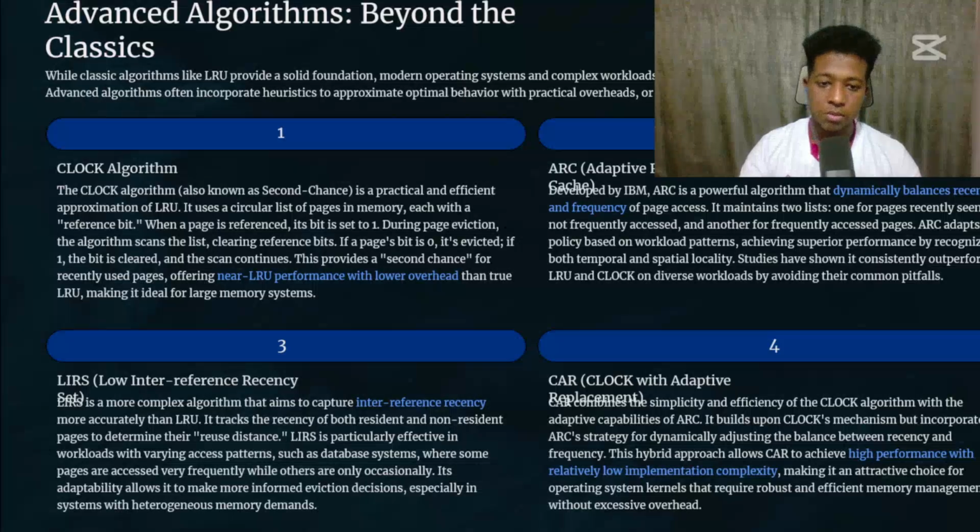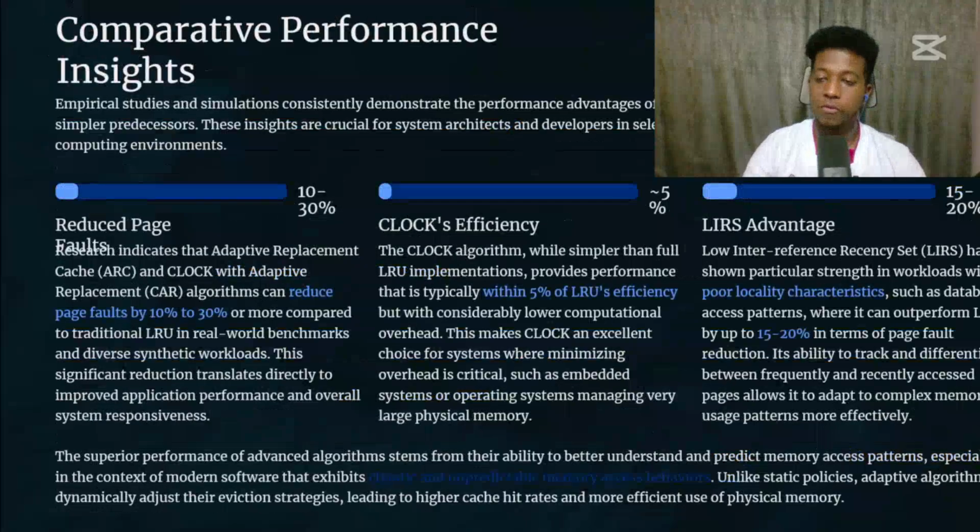This hybrid approach allows CAR to achieve high performance with relatively low implementation complexity, making it an attractive choice for operating system kernels that require robust and efficient memory management without excessive overhead.